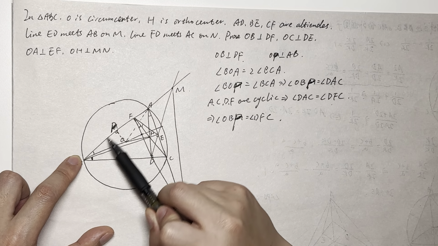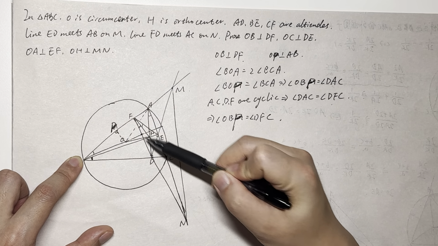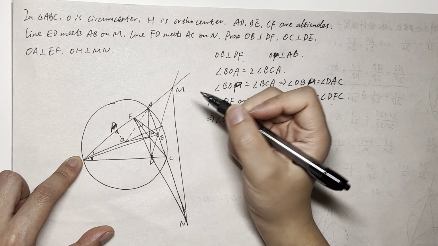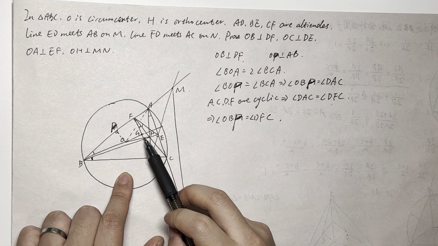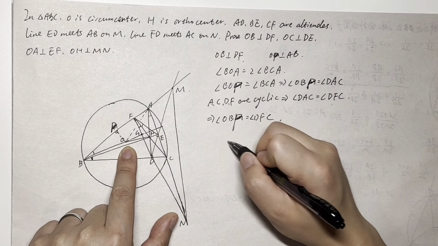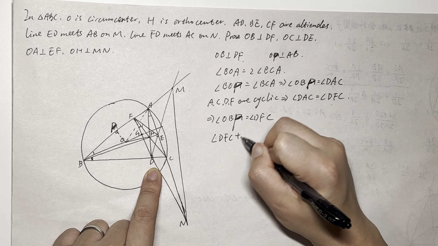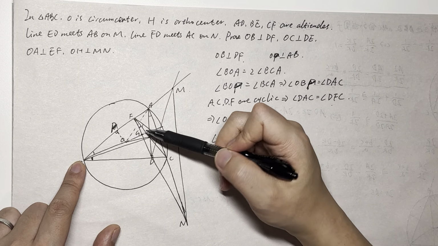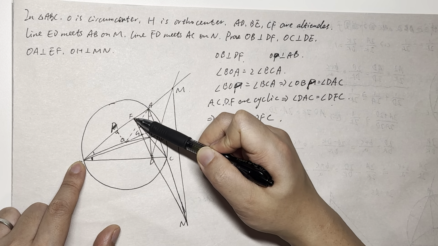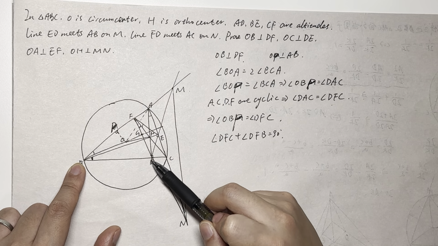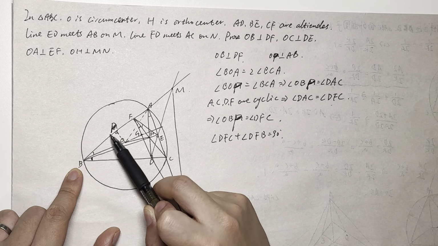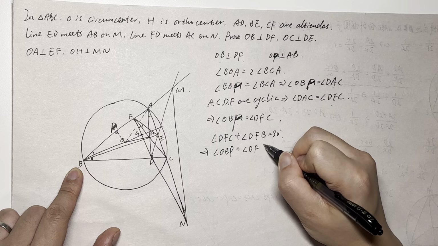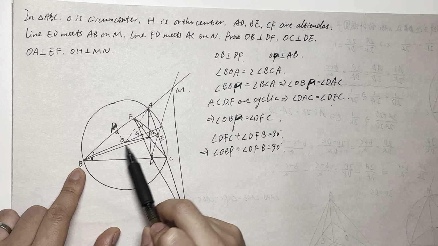The angle OBP equals angle CFD. And now we set this point, let's call it G. Because angle DFC plus angle DFB equals 90 degrees, and we know that angle DFC equals angle OBP, angle OBP plus angle DFB equals 90 degrees.